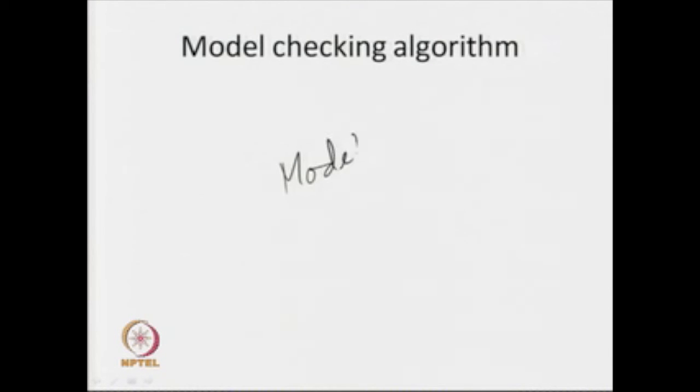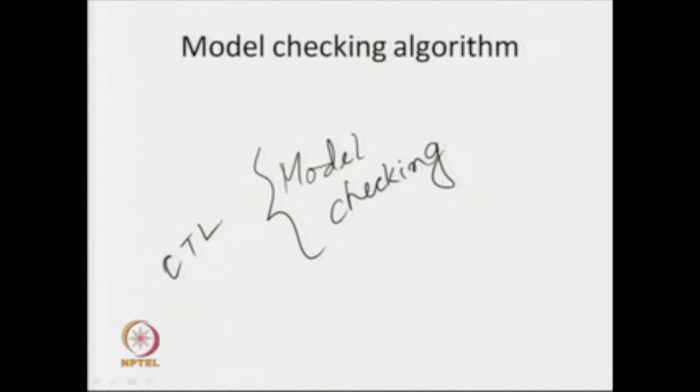Here we are going to talk about CTL model checking, because our specification will be represented by CTL formulas, and we are going to look for an algorithm by which we check whether a particular CTL formula is true in our model or not. So, we are going to look for model checking algorithms.